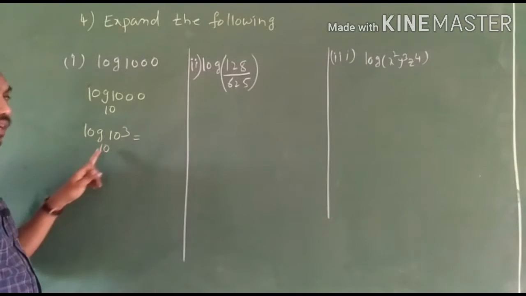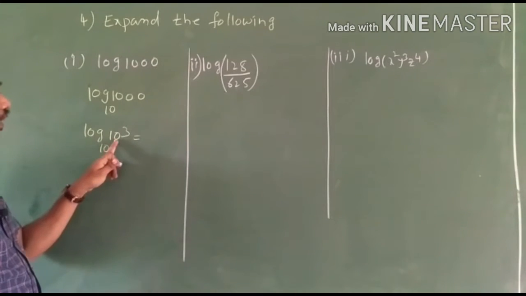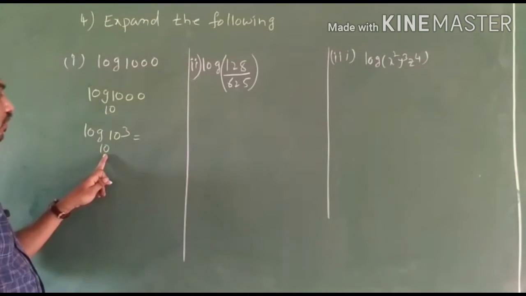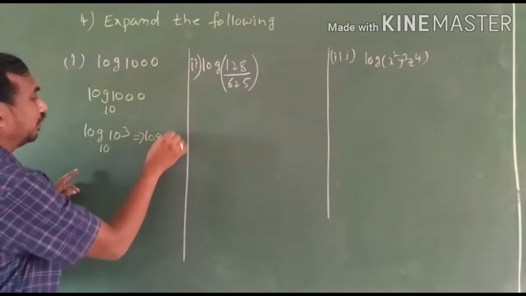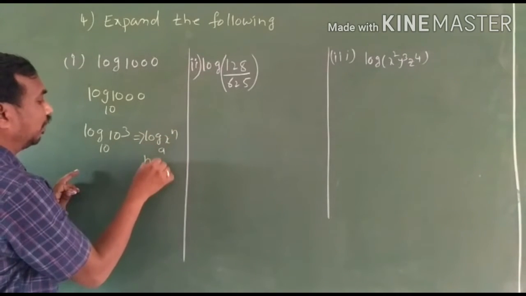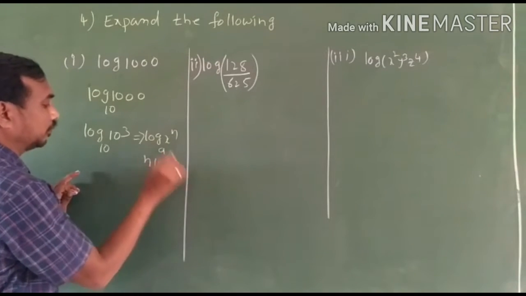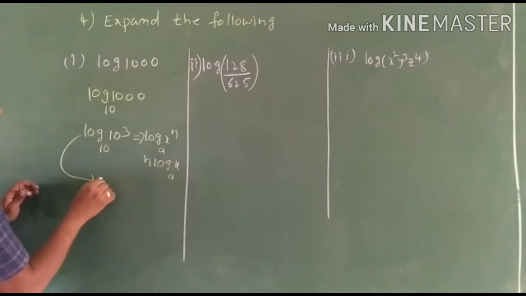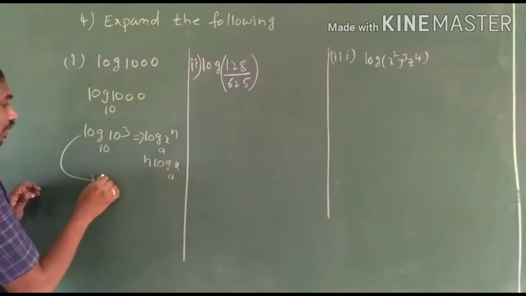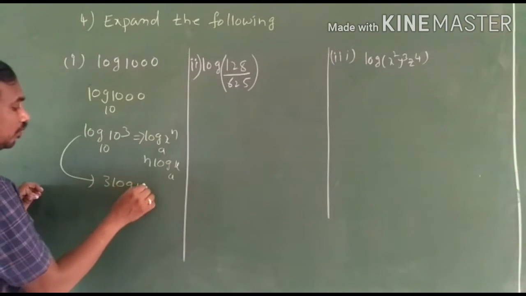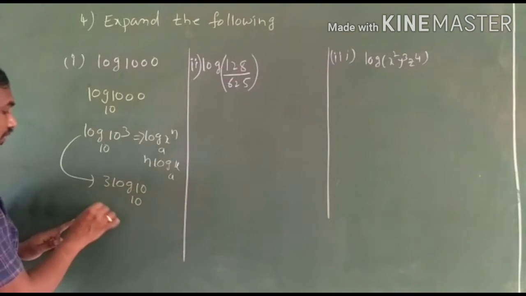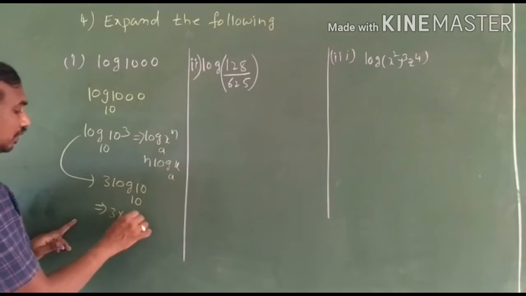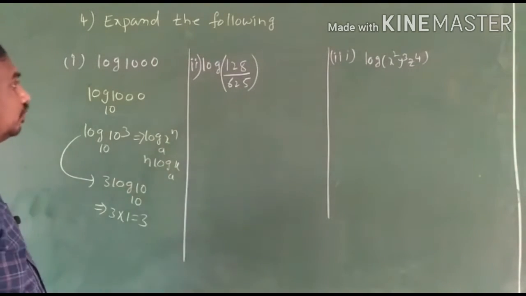Now it is in the power formula, log x power n to the base c means n log x base c. Comparing with this formula, we get 3 log 10 base 10, and log a base a is 1, so 3 into 1 equals 3. Answer is B.